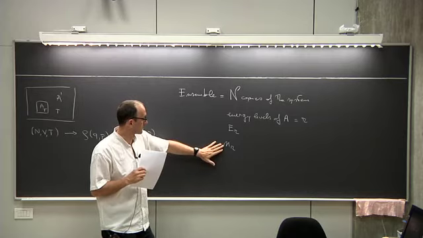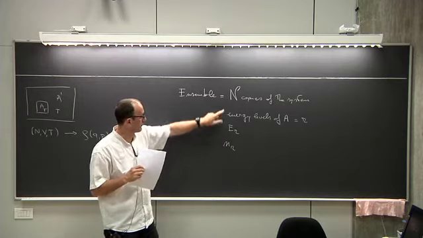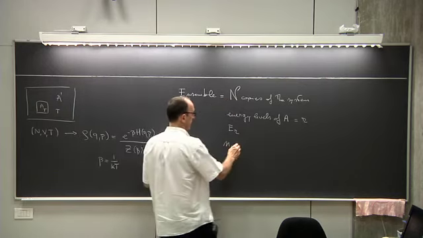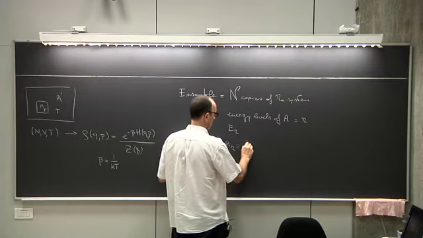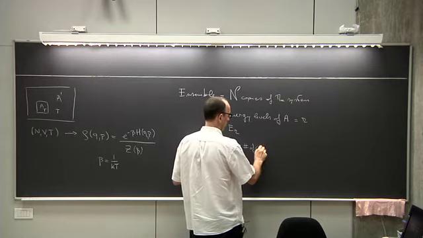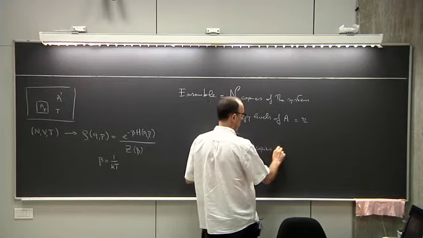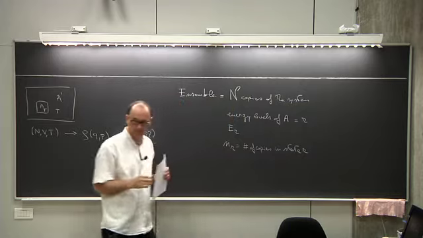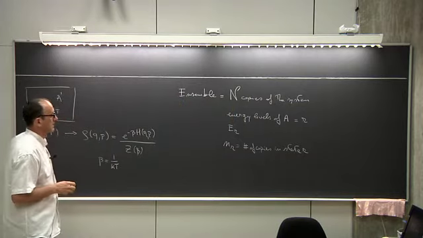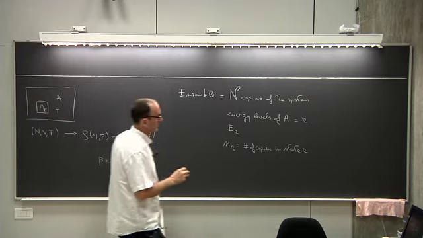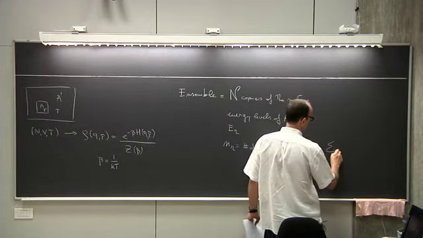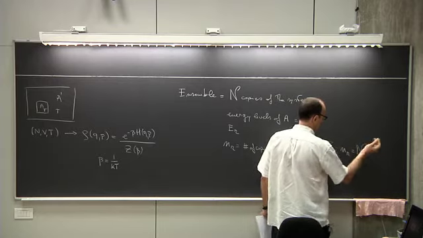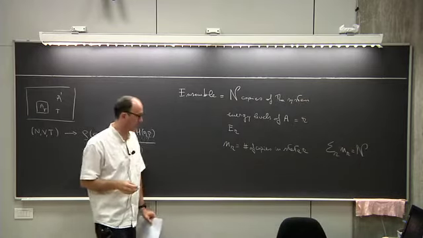Of these big N copies, N_R will be the number of copies in state R. Of course, this will satisfy the condition that if you sum over all the states, you should get big N.